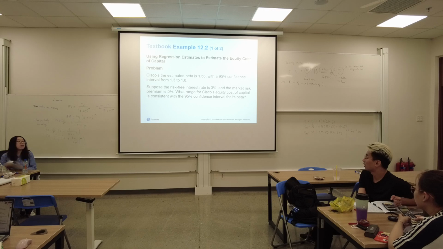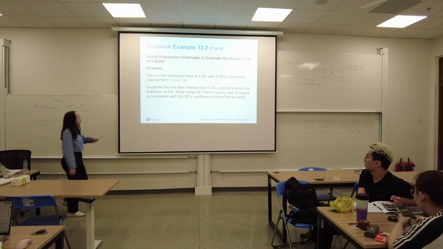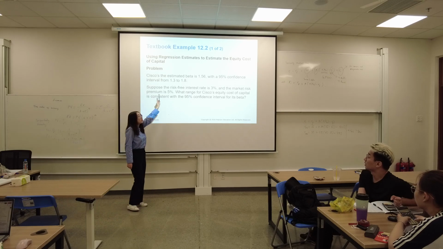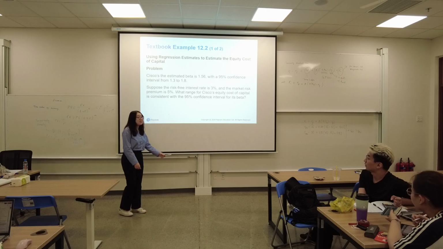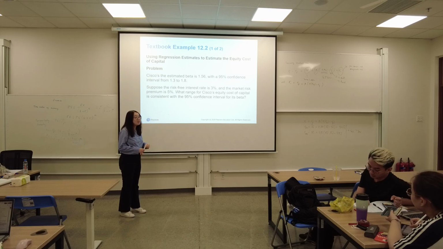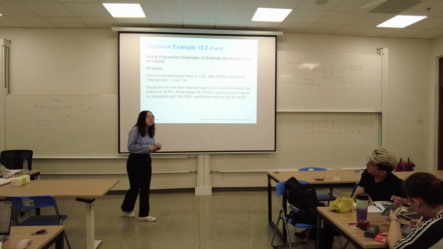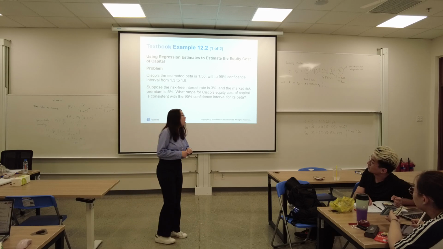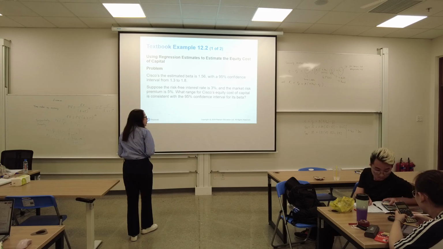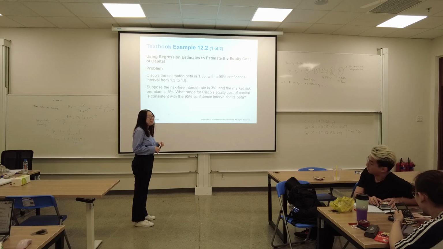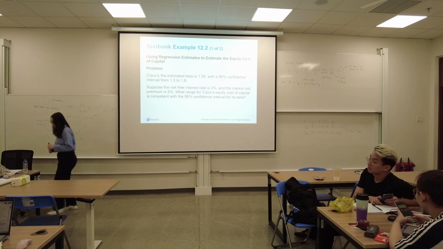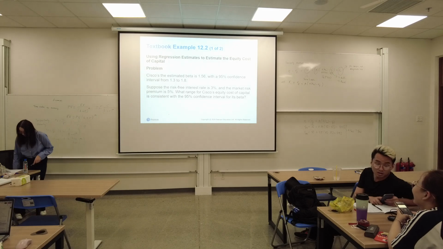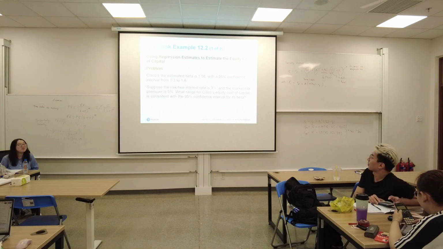You need to calculate the range for it, because the beta here has two bounds, the confidence interval from 1.3 to 1.8. The lower bound would be? The lower bound is 9.5%. And how about the upper bound? 12%. Yes, correct.